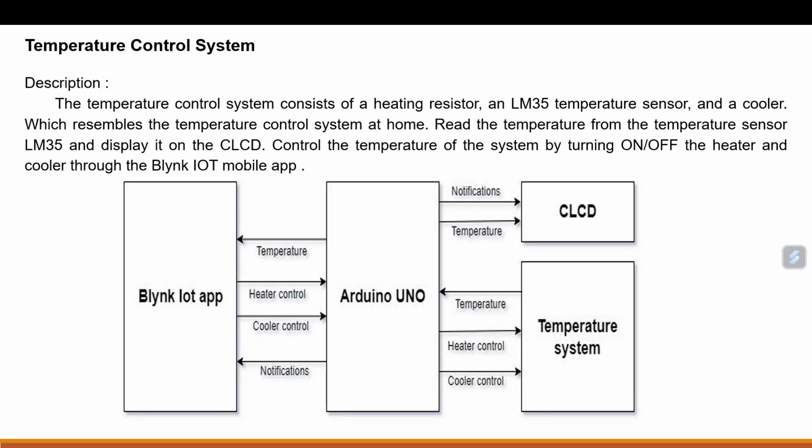The ARDUINO UNO reads the temperature from the temperature system, and based on the inputs given by the BLYNK IoT app, based on the user toggling the pin value, the heater and the cooler are controlled. We display the output on CLCD and also on the BLYNK IoT app, the notifications and all. We also display the temperature on the BLYNK IoT app through widgets such as the temperature gauge.